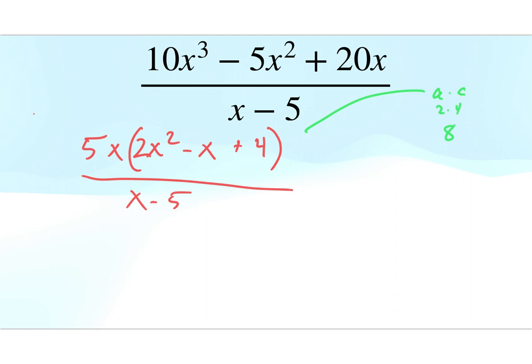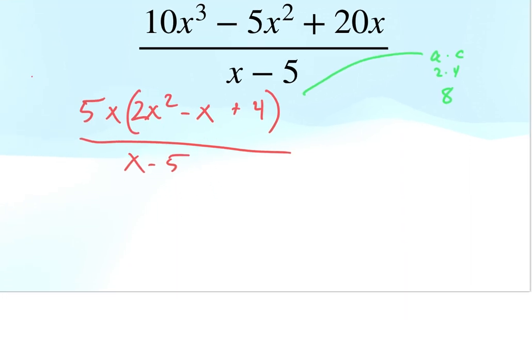I need two numbers, if they exist, that multiply to 8 and add to negative 1. And there aren't any. So since there aren't any, the factoring method won't work. And you might say, well, then I just wasted some time. Not necessarily. If it factors, it's actually your faster way. So then I'm going to go ahead and set it up as long division.